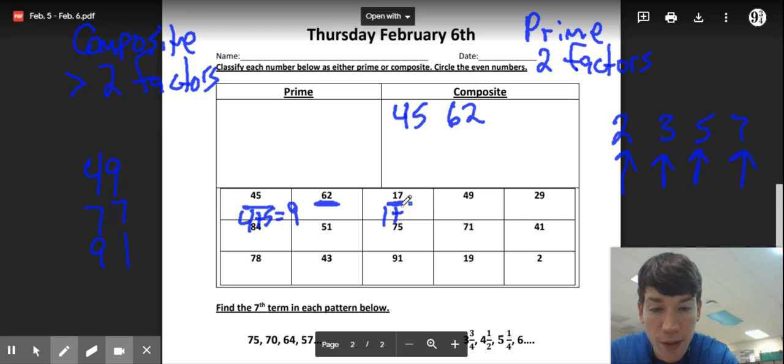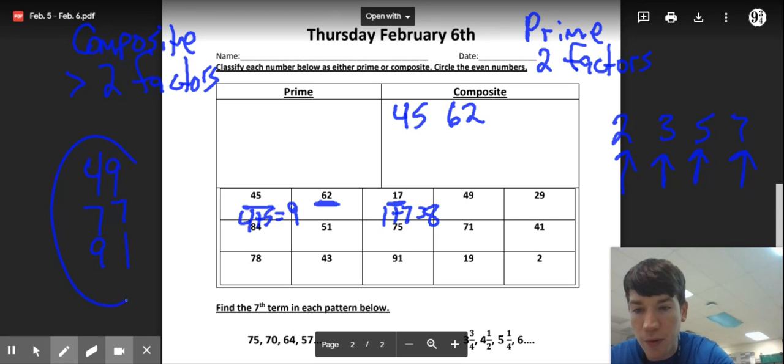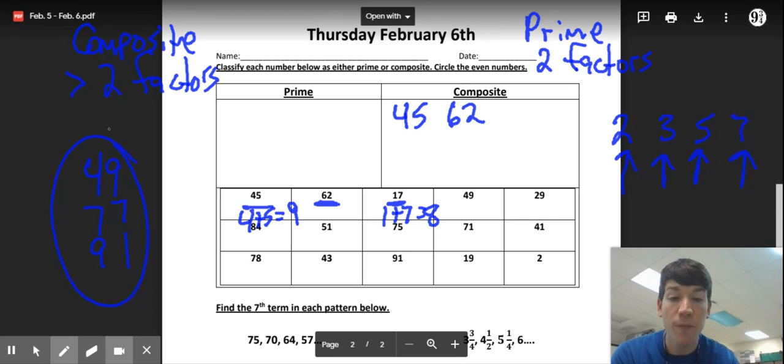Well, 1 plus 7 equals 8. 8 is not a multiple of 3, so 17 is not a multiple of 3. Is it a multiple of 5? No, remember multiples of 5 end in 5 and 0. And is it one of these 3 multiples of 7 over here? No. So that means 17 is a prime number. And it only has 2 factors, 1 and 17.